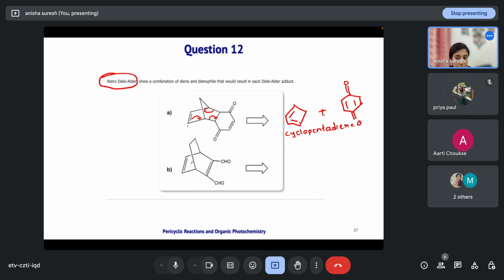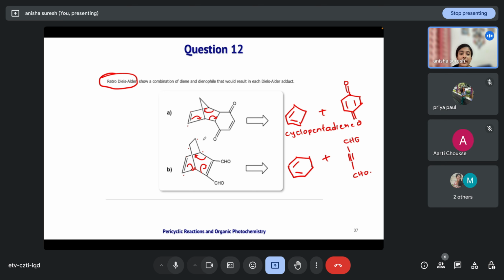Yes, so it will open like this: one 5-membered ring and a diene. Here this will be 1, 2, 3, 4, 5, 6, a 6-membered ring with 2 double bonds like this, plus here it will be an alkyne with CHO as the substituent. Fine.